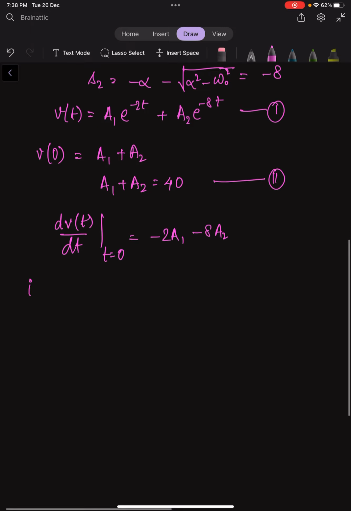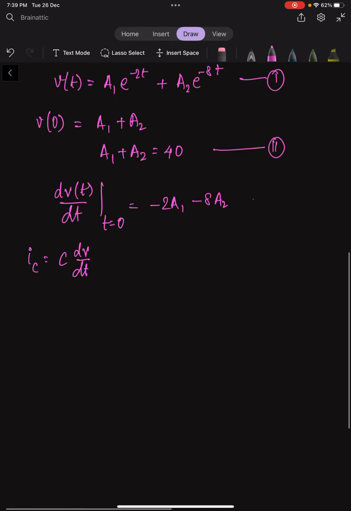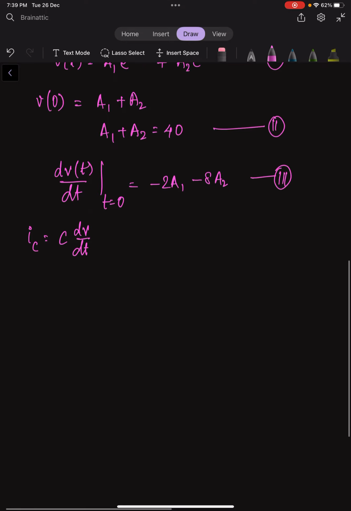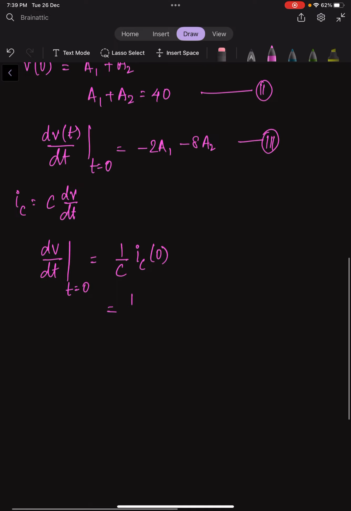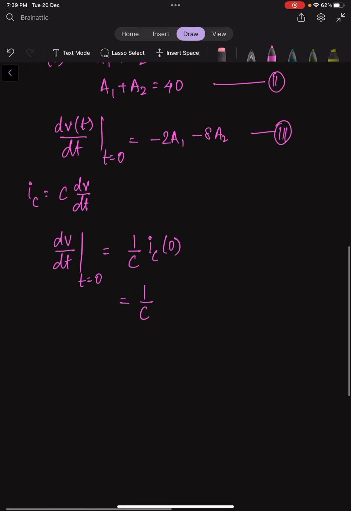Now we know that IC can be given as C dV/dt. Using the equation which we derived, we put the value of dV/dt at t equal to 0. We can write it as 1 by C times the current IC at 0, which is 1 by C times minus IL0 minus IR0.